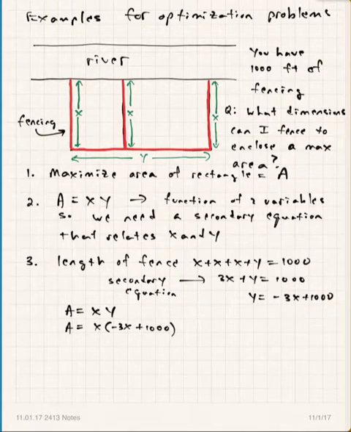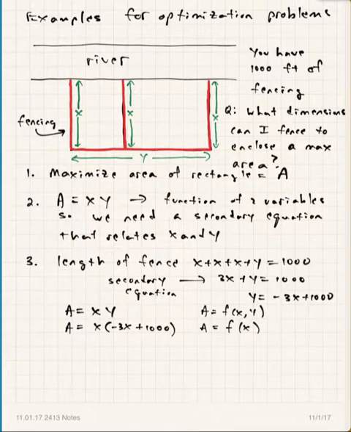A was a function of two variables. I used my secondary equation that relates x and y to each other to rewrite A as a function of one variable only, just of x. And so this is what we're after. This is our function, negative 3x squared plus 1,000x.